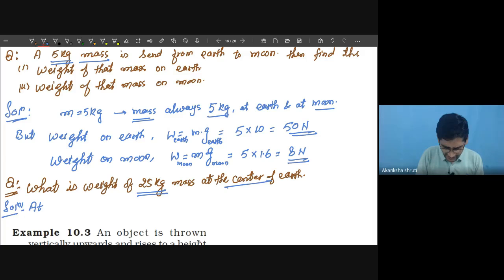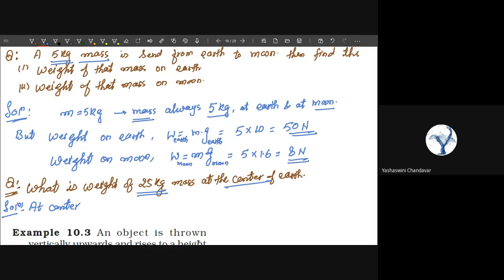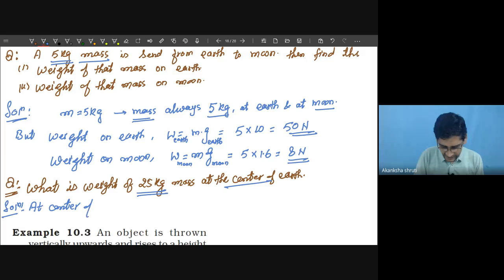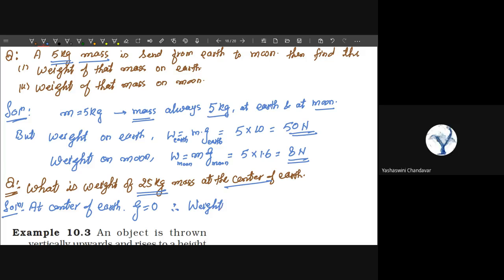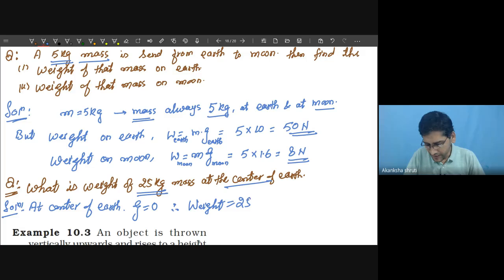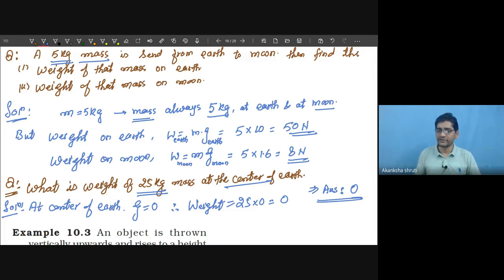Give the reply. At center of earth, what will it be? 0. Very good. At center of earth, g is equal to 0. The acceleration due to gravity is 0. Therefore, weight is equal to 0. So this will be 25 into 0. Anything multiplied by 0 is 0. So the answer is 0.